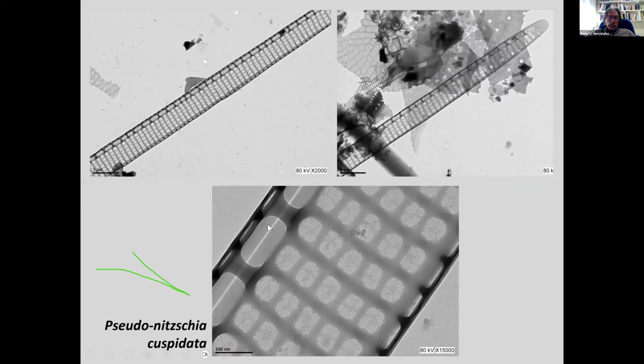Right. We also found Pseudo-nitzschia cuspidata with some details of the row of big poroids in the stria, with 2-3 different sectors.